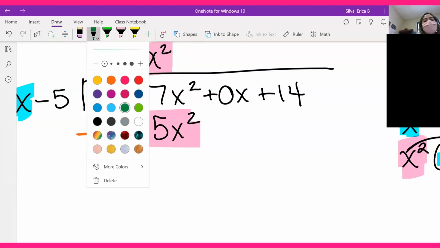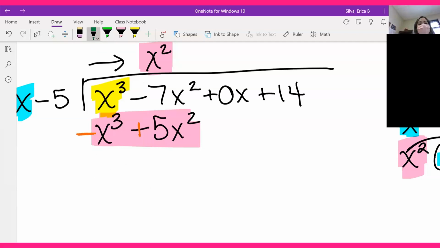And you know you wrote down the right quotient when both of these are exactly the same before you subtract. Notice how both of them were x to the third power because we want to cancel them. So now we're going to subtract. These cancel. They should cancel after you do the opposite. And then we add these two, negative 2x squared.